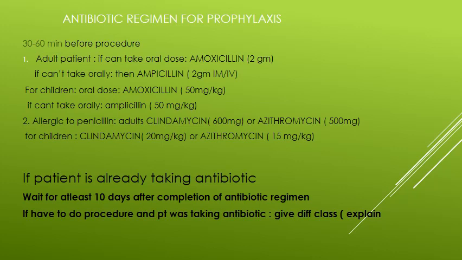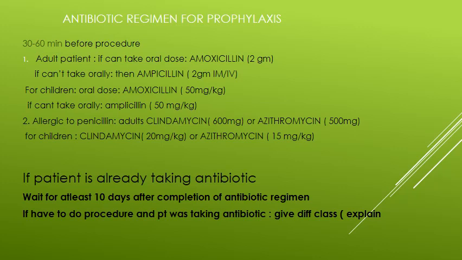Now the thing is that for antibiotic prophylaxis, it is very important to take care of the history, if the patient is already taking an antibiotic, such as an antibiotic which you will recommend for infective endocarditis prophylaxis for a procedure.